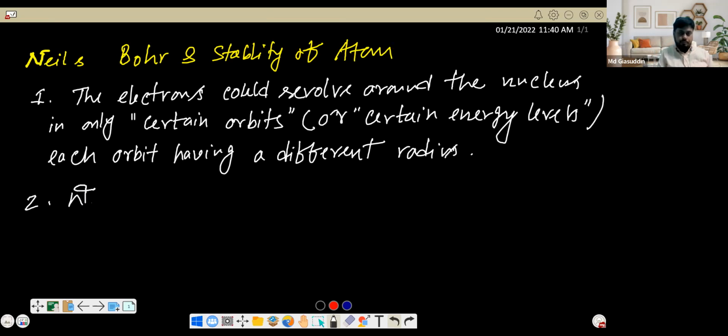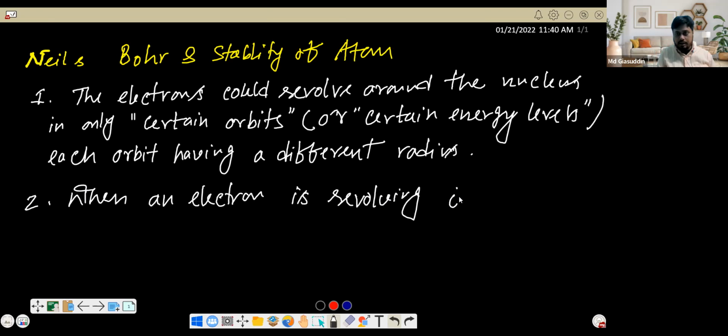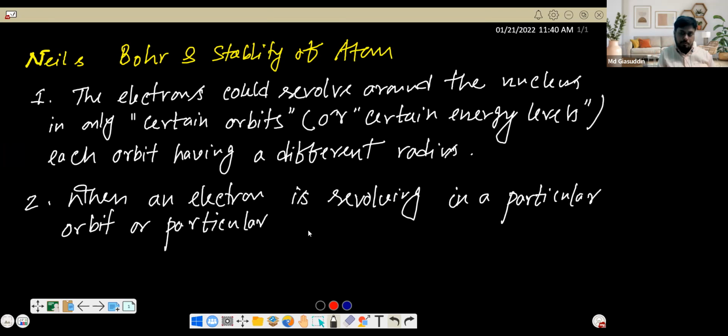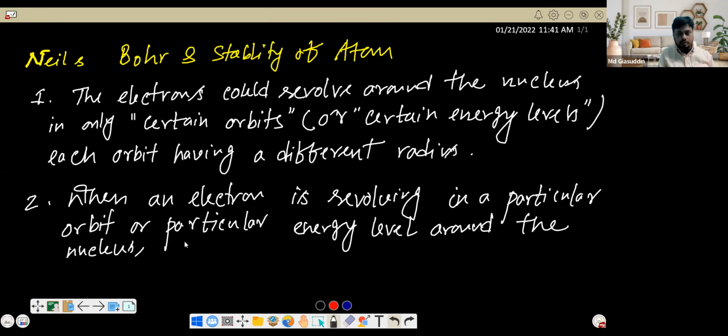Number two, when an electron is revolving in a particular orbit, or particular energy level, around the nucleus, the electron doesn't radiate energy.